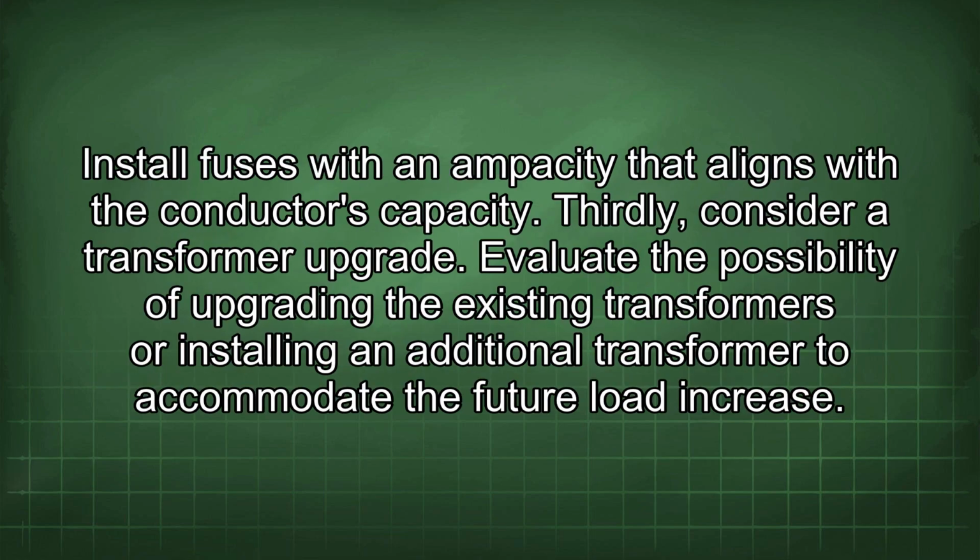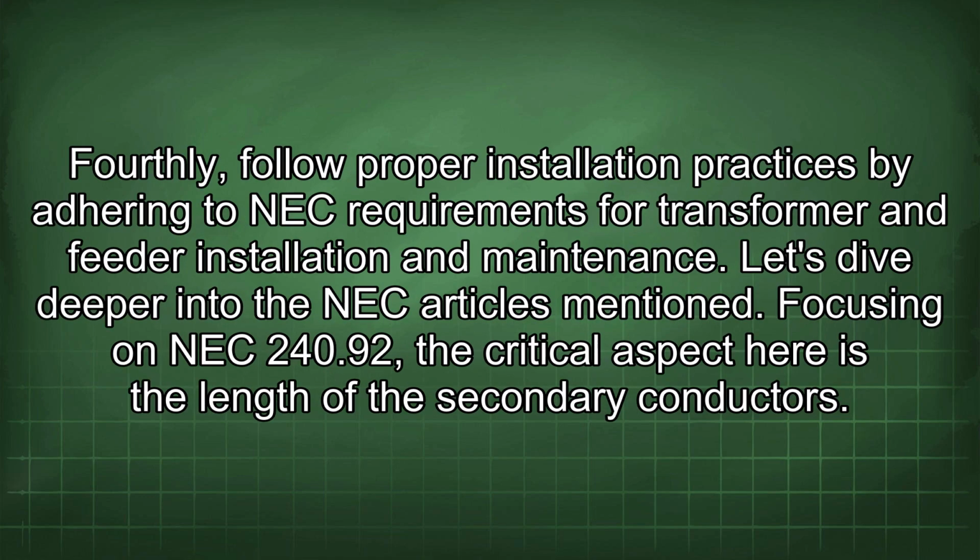Install fuses with an ampacity that aligns with the conductor's capacity. Thirdly, consider a transformer upgrade. Evaluate the possibility of upgrading the existing transformers or installing an additional transformer to accommodate the future load increase. Fourthly, follow proper installation practices by adhering to NEC requirements for transformer and feeder installation and maintenance.